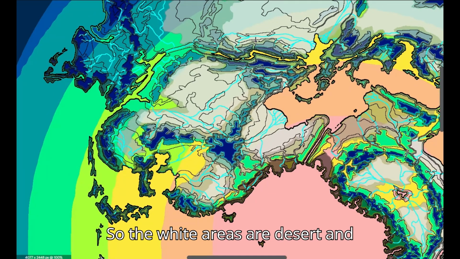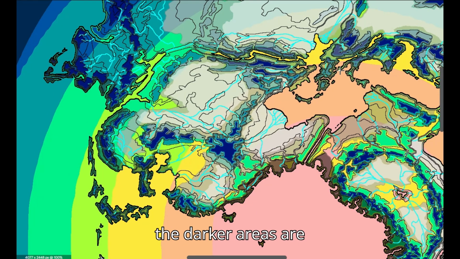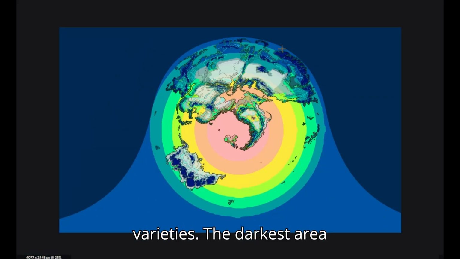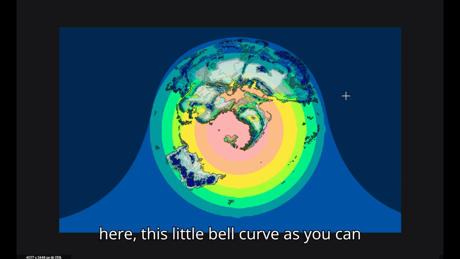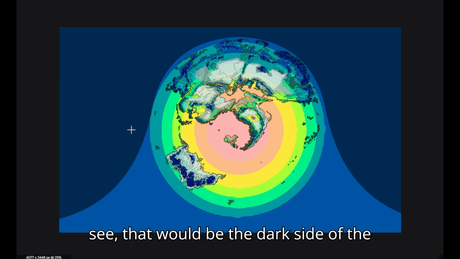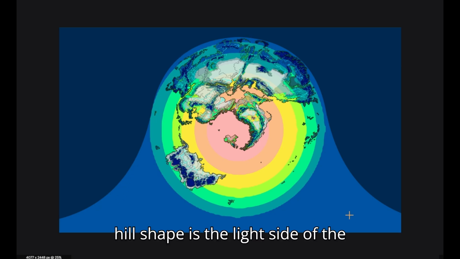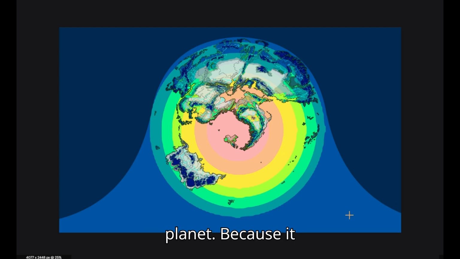So the white areas are desert, and the darker areas are rainforest of both hot and cold varieties. The darkest area here, this little bell curve, would be the dark side of the planet, whereas this hill shape is the light side of the planet.